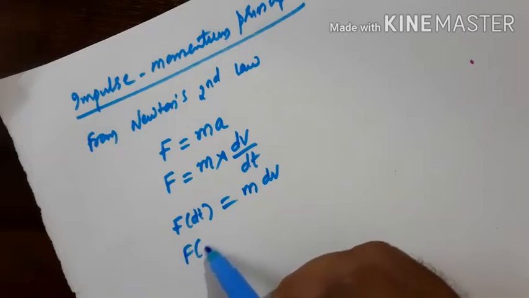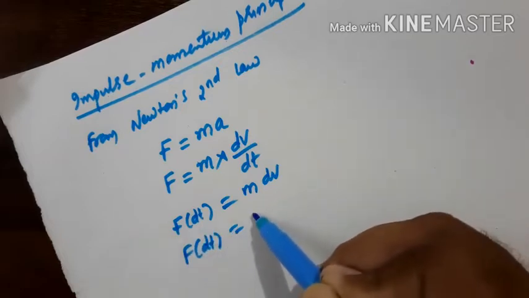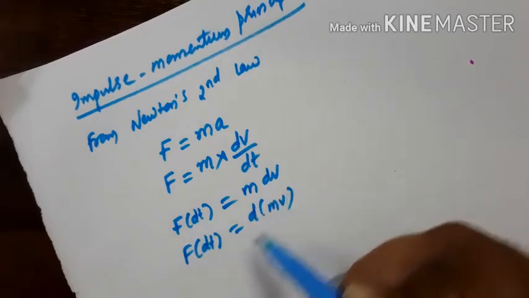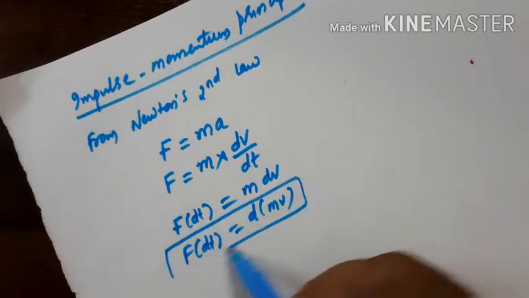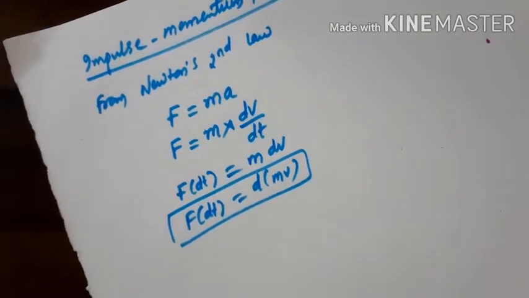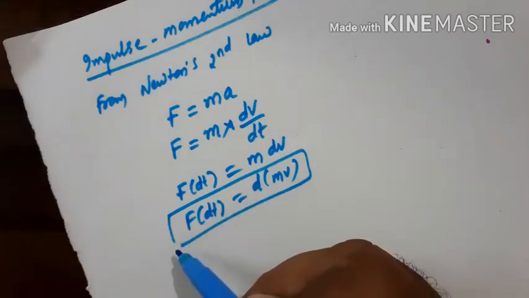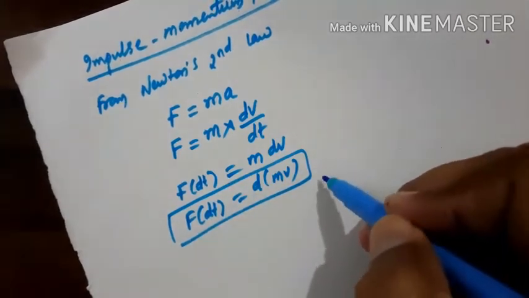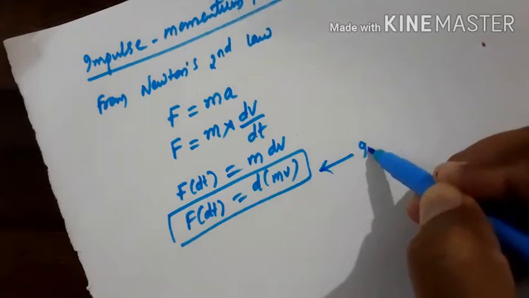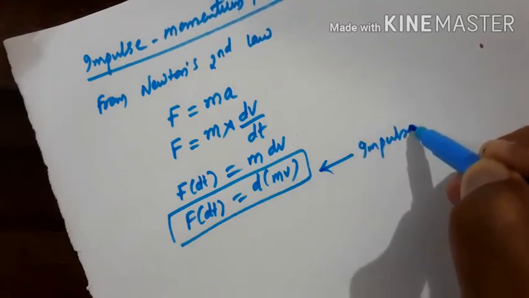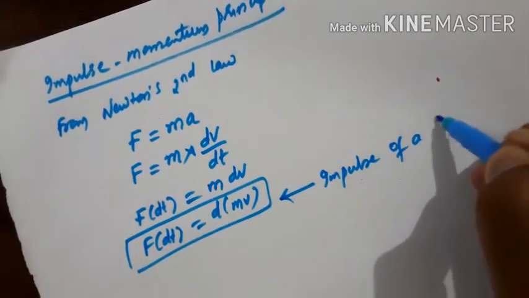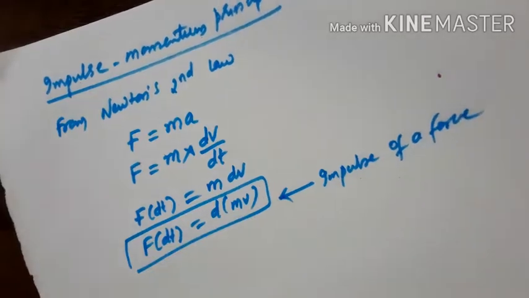Then further F into dt can be written as d of m into v. Then this is called as impulse of a force.